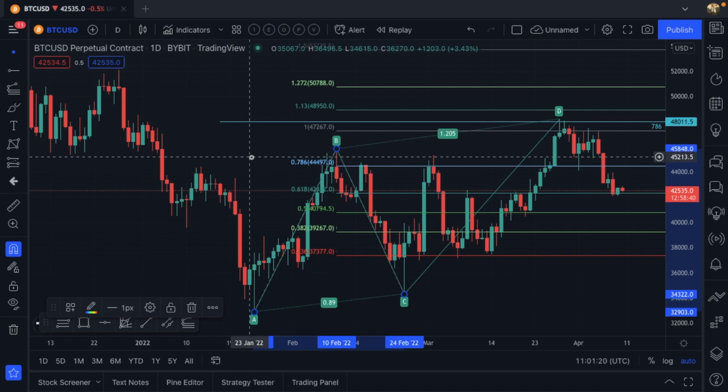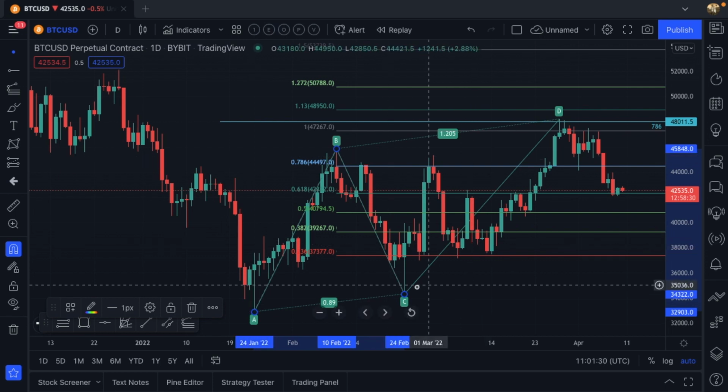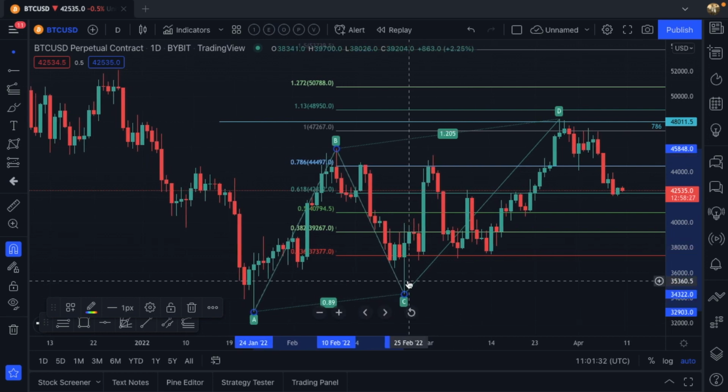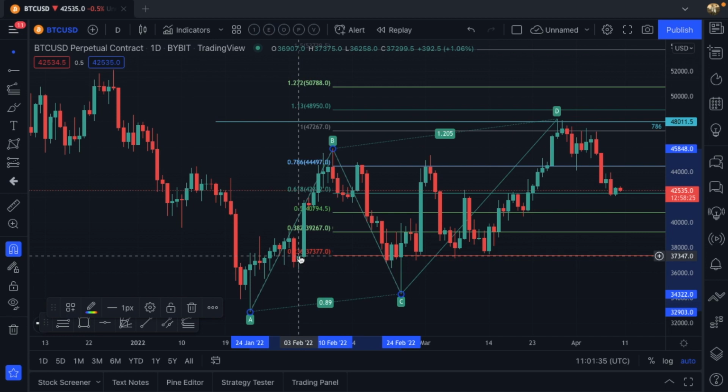However, when you're in a range and you break out of that range, how do you know where you're going, or where do you try to formulate ideas of where you might go? Well, you use your extension tool. So as we got a higher low here on the C, we pop out the extension tool, we go from the A to the B to the C, and we are going to land here on a 1-to-1 extension, which is a huge level in Bitcoin, and we've got a 1.3 here.